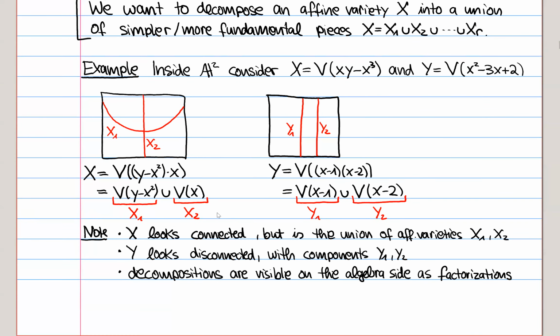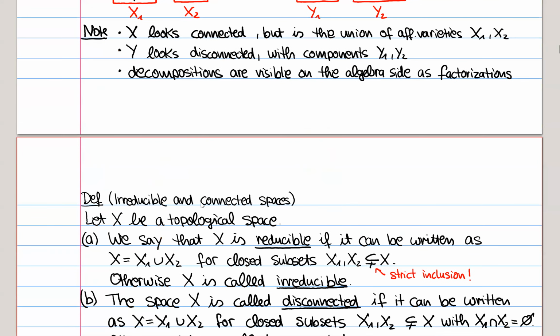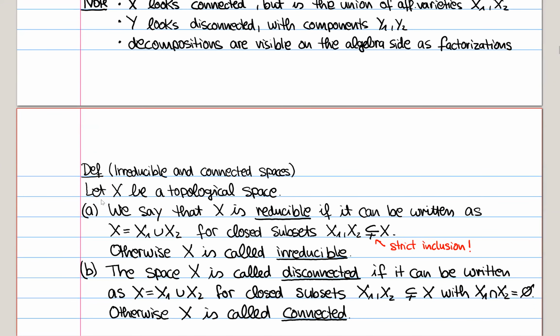And now we make this precise with the following definition. This definition actually makes sense for any topological space, and we will apply it when X is an affine variety with the Zariski topology.